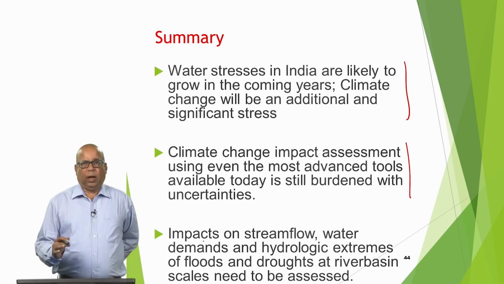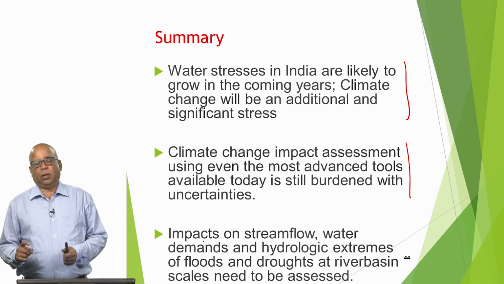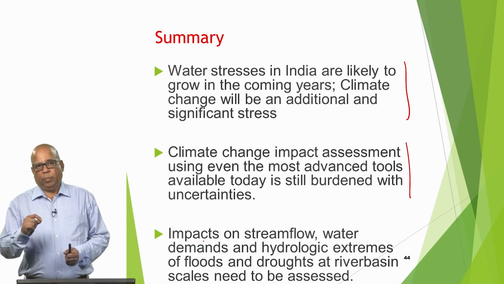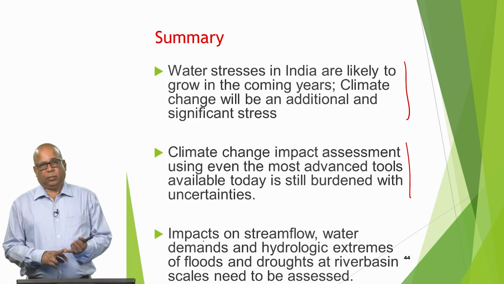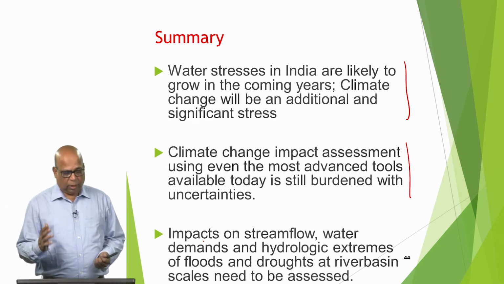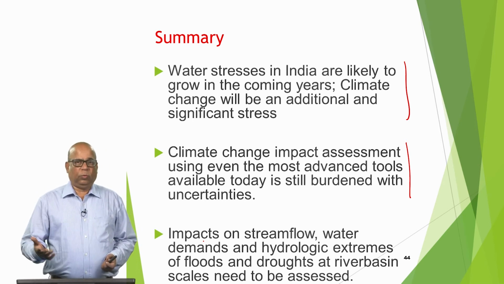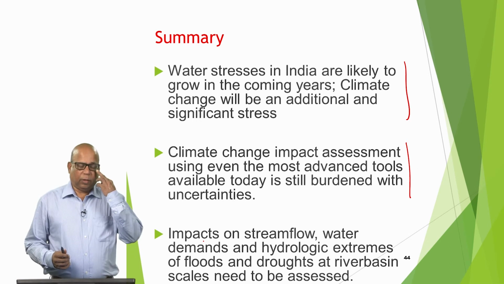Then we have methodologies now, and for a large number of river basins in the country, we have been able to estimate the impacts on stream flow, evapotranspiration, water demands, hydrologic extremes of floods and droughts, etc. So, this should be used for policy development and so on.